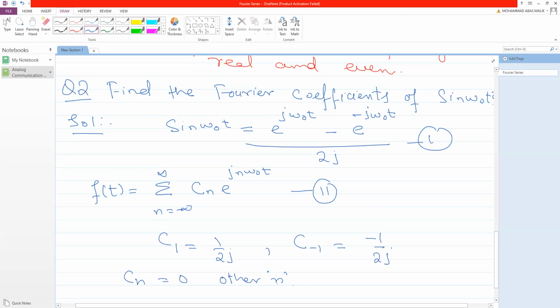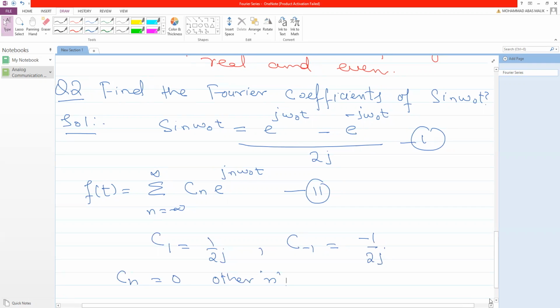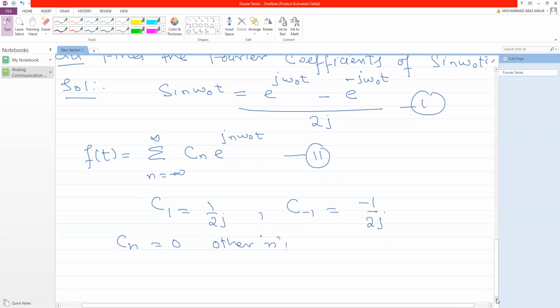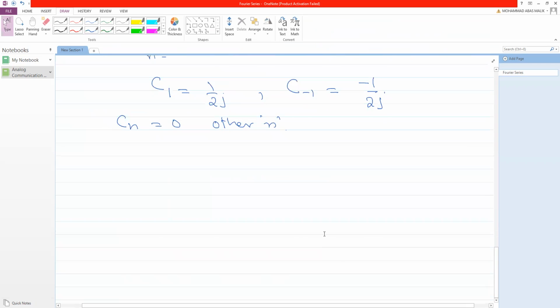Anybody having any doubt or query, please tell me. Okay, can you draw the spectrum of this signal now? This is your n. This is Cn. So one you have at 1, another one you have at minus 1. The magnitude of Cn will be 1 by 2.